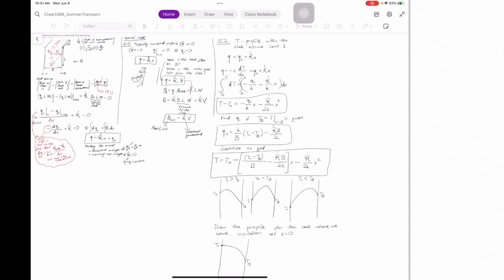We talked about special cases like one surface is insulated, and in that case we learned how to write down the boundary condition. We said when one of the surfaces is perfectly insulated, you can take the flux equal to 0, or the gradient of the temperature is equal to 0 at that surface. That was some of the things that we learned in the previous class.